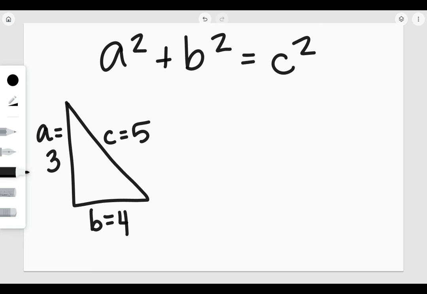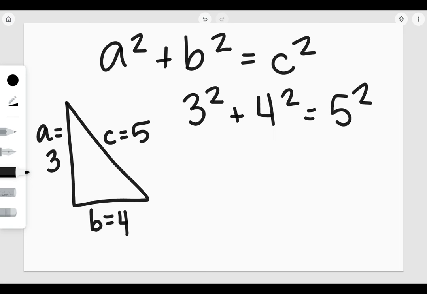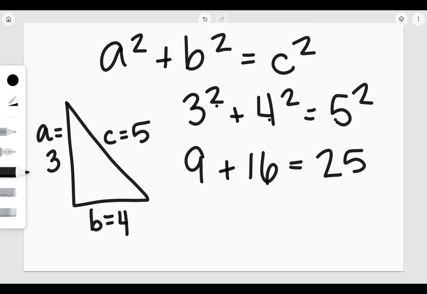By this theorem, 3 squared plus 4 squared should equal 5 squared. Let's try it out and see. 3 squared is the same as 3 times 3, which is 9. 4 squared is 4 times 4, which is 16. And we hope that equals 5 squared, and 5 times 5 is 25.